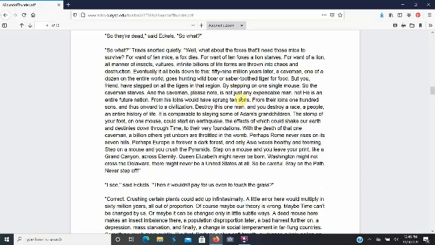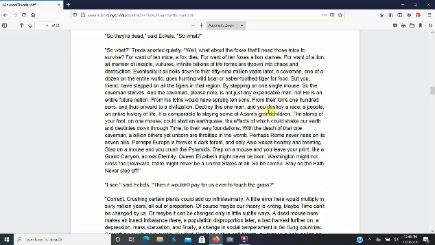Eventually, it all boils down to this. Fifty-nine million years later, a caveman, one of a dozen on the entire world, goes hunting wild boar or saber-toothed tiger for food. But you, friend, have stepped on all the tigers in that region by stepping on one single mouse. So the caveman starves.